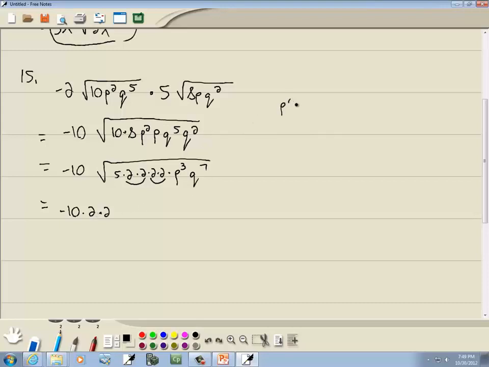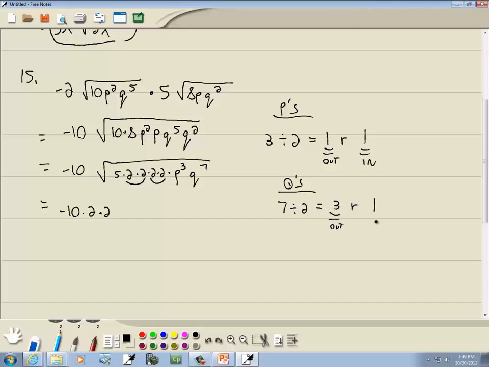Now for the p's. My power is 3, divide by my index. It's a square root, so it's by default 2. 3 divided by 2 gives us 1 with remainder of 1. So this is how many p's come out, and this is how many p's stay in. Now for our q's. Take our power, which is 7, divide by our index, which is still 2, so we get 3 with remainder of 1.